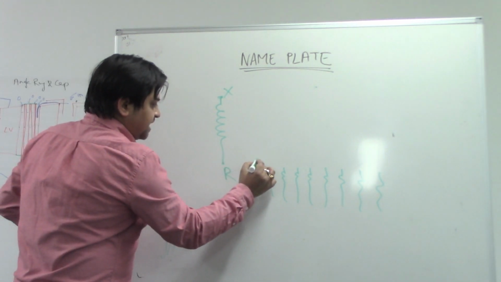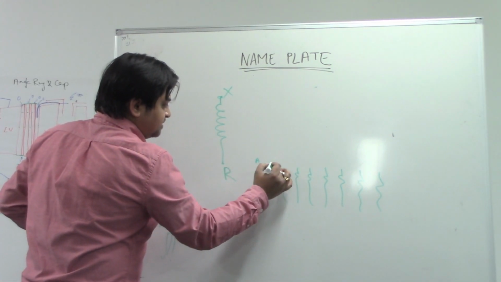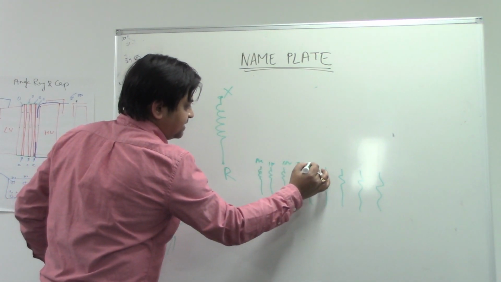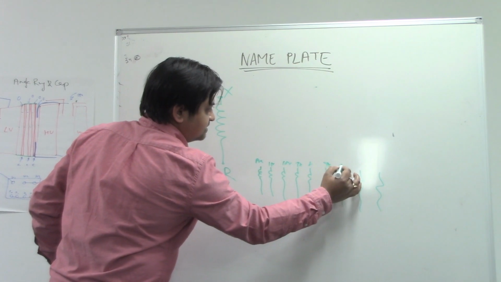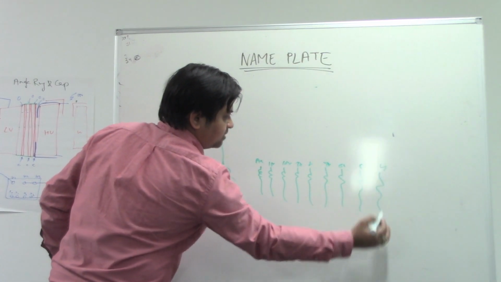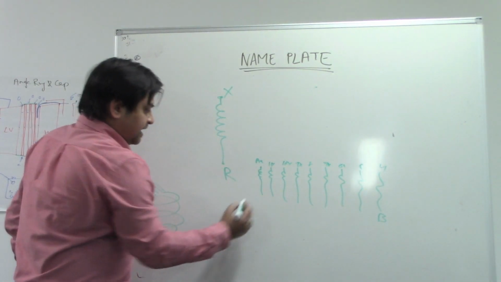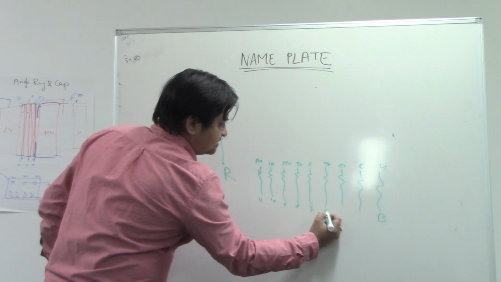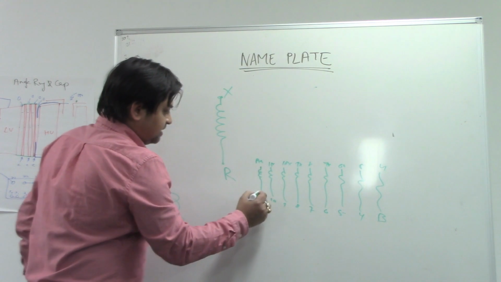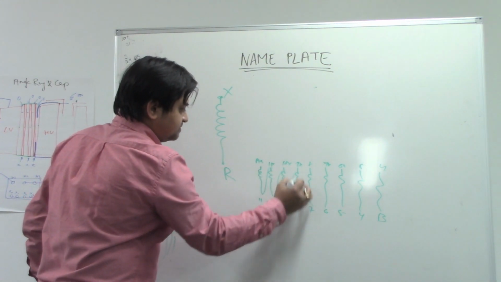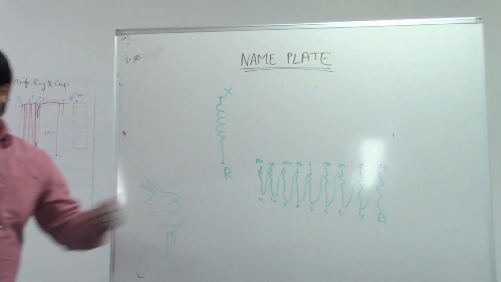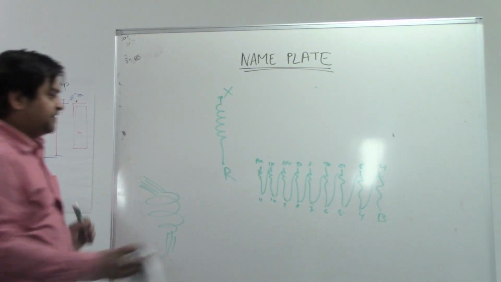So let's say this is A, this is 11x, 10x, 9x, 8x, 7x, 6, 5, 4, B. And this is similarly 11, 10, 9, 8, 7, 6, 5, 4, right? These are connected together. This is one of the circuits. Let me simplify this circuit.